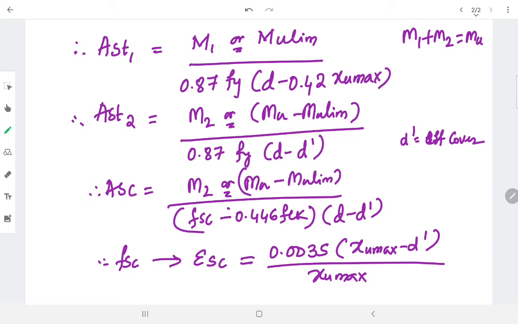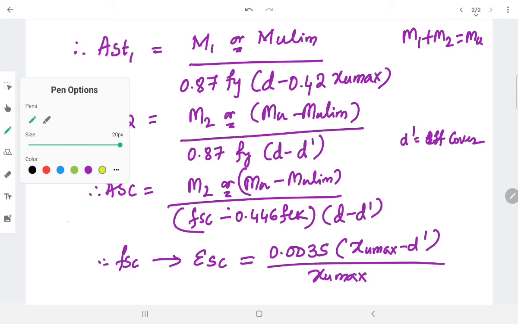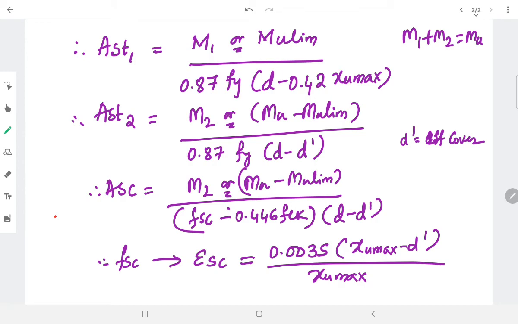You need to remember these equations to solve or analyze the doubly reinforced beam. The first ones are Ast1, Ast2, Asc and fsc. fsc is required here, and fsc depends on epsilon sc.